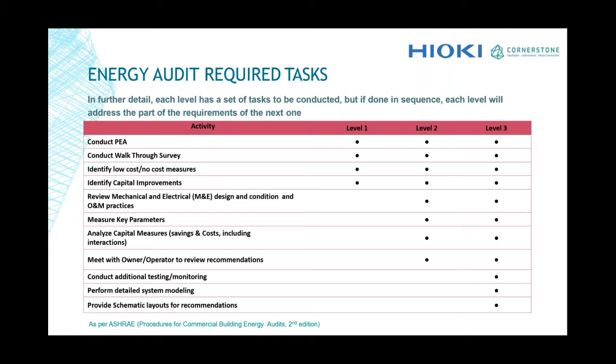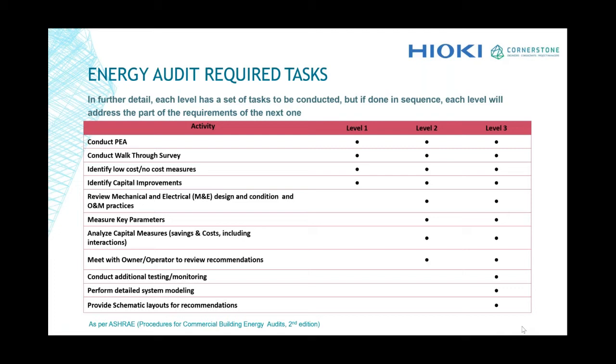Now, if you look at level 3, you have everything that is already done up to level 2, but you're also adding requirements of additional monitoring, whether it be a system like an air handling unit, which would require us to monitor the air quality. So maybe we might need additional air quality readings, or additional airflow readings. It depends on how we would be integrating that.